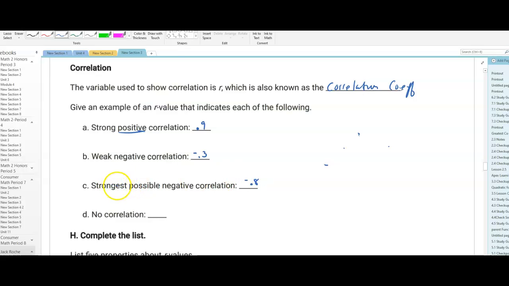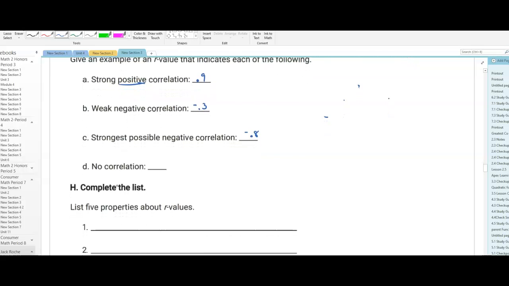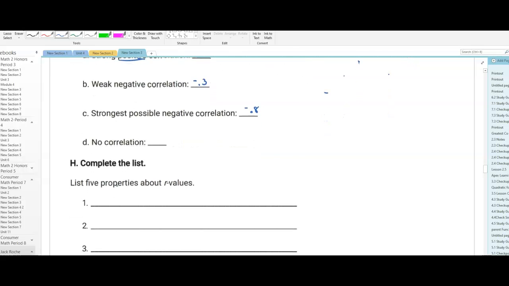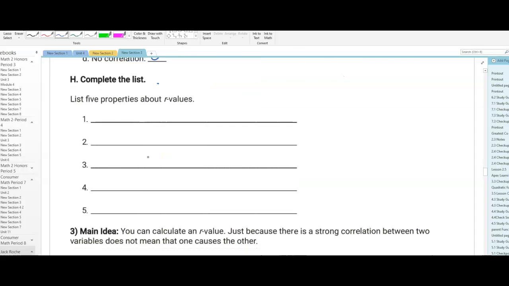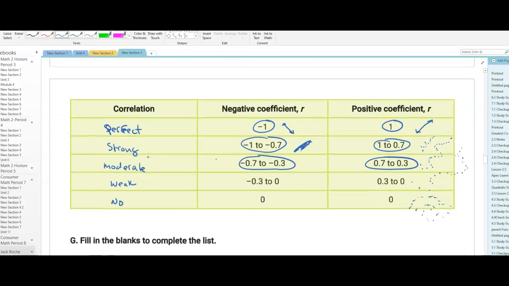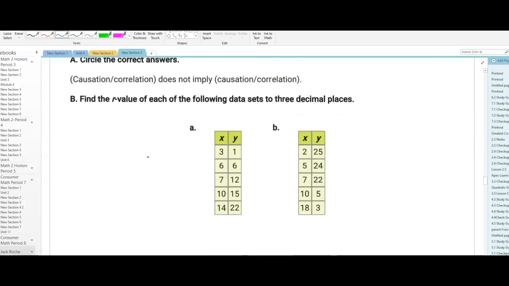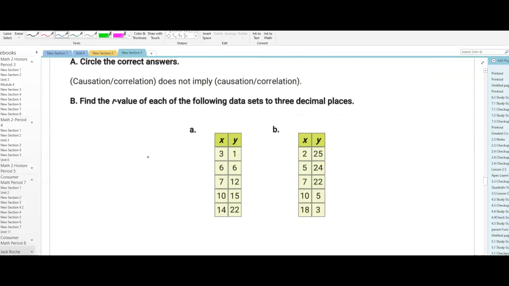So again, strong is between negative or 0.9 and 0.7. No correlation would mean it'd have a 0. So the 5 properties of R values would just be up here. Okay, so let's take a look here.